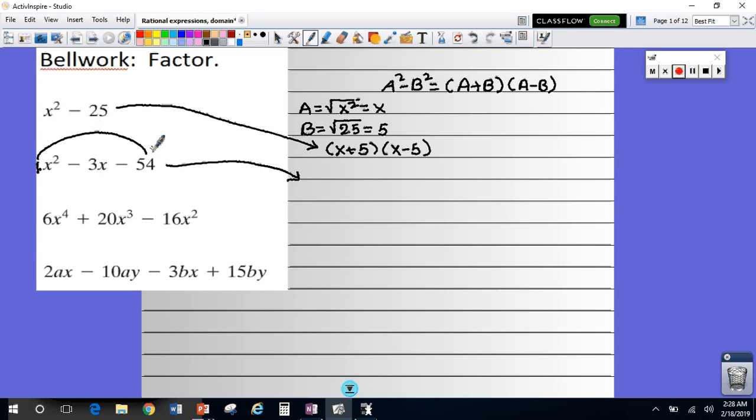If you multiply 1 and negative 54, which gives you negative 54, the factors of negative 54 which give you negative 3, I can take as negative 9 and 6. I am considering these two as the factors because adding negative 9 plus 6 gives me negative 3. So the factors will be x minus 9 and x plus 6.